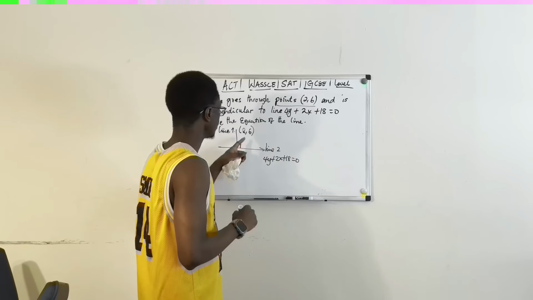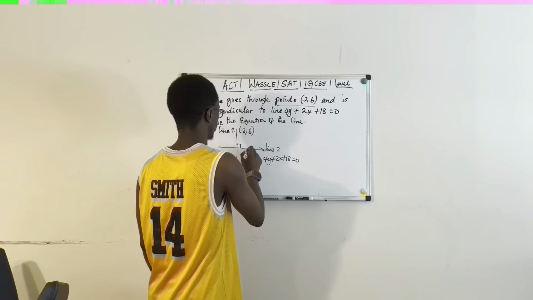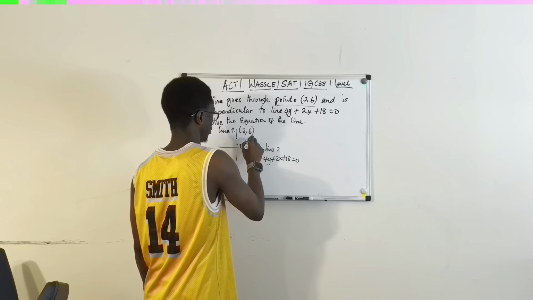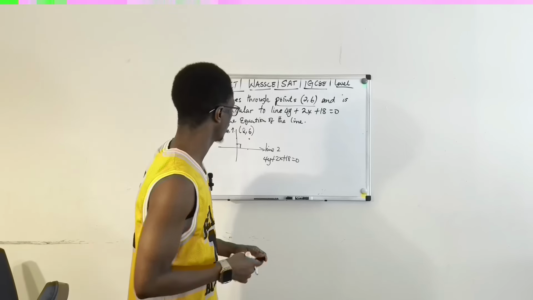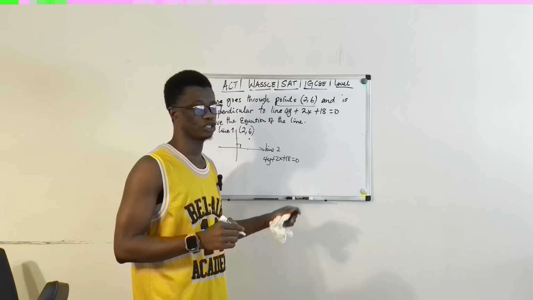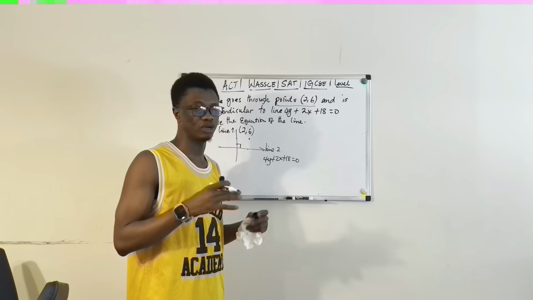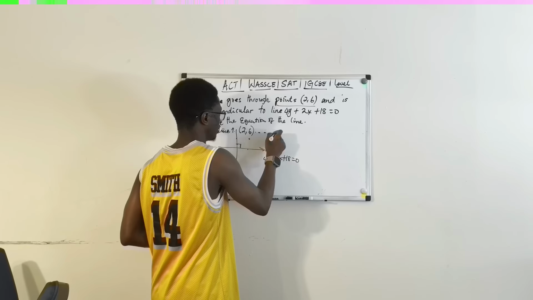So this is the x and this is the y value. So you have 2, 6, and this line maybe goes this way. So this one has a point and this one has an equation. They form perpendicular lines. Now they are asking us to find the equation of this line.